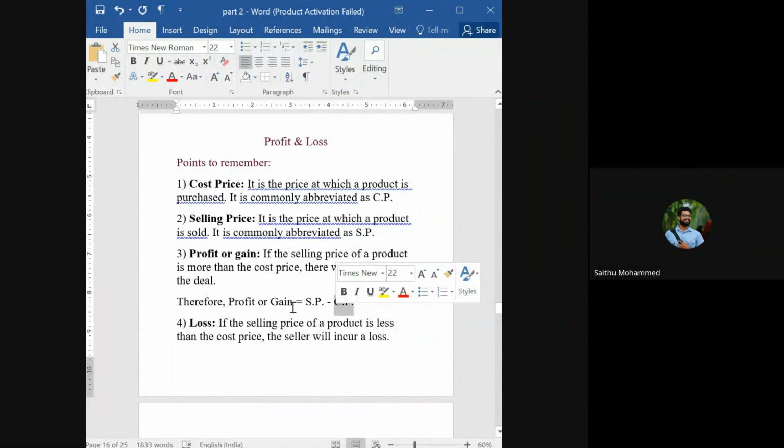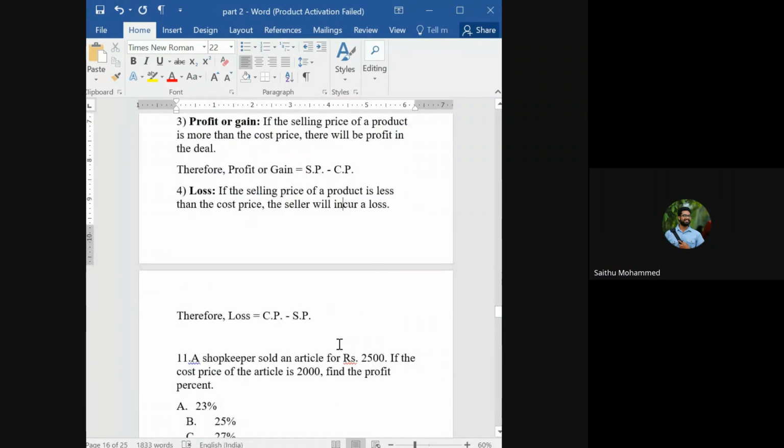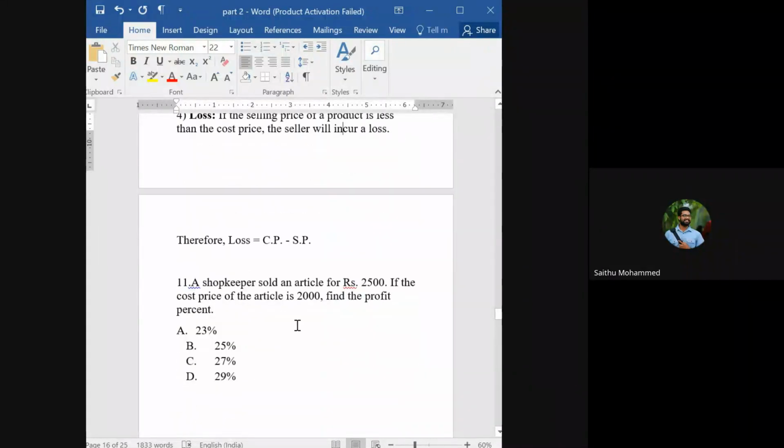To calculate profit, it is selling price minus cost price, and loss will be the same, just cost price minus selling price, because when your cost is high and your selling price is less, then definitely you will have a loss. That is, loss equals cost price minus selling price.